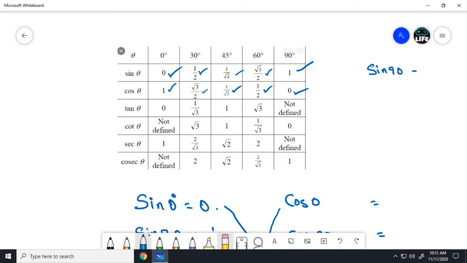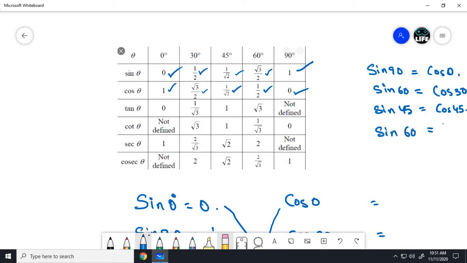Sine 90 equals cos 0, and sine 60 equals cos 30. Sine 45 equals cos 45.